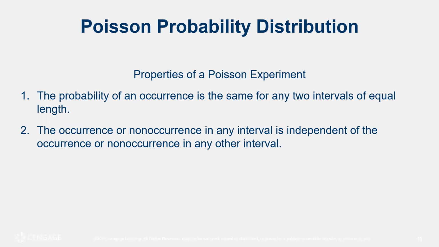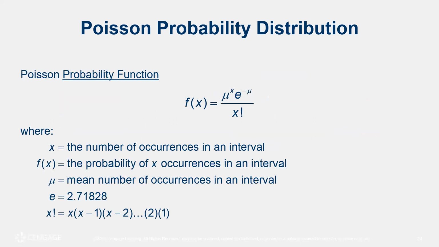So if 10 people come through per hour, that has no bearing on the next hour, or within that, if I have 10 people come through, that has no bearing on if an 11th is going to come through or not. Those are independent of each other. Okay, that's what we're kind of saying.